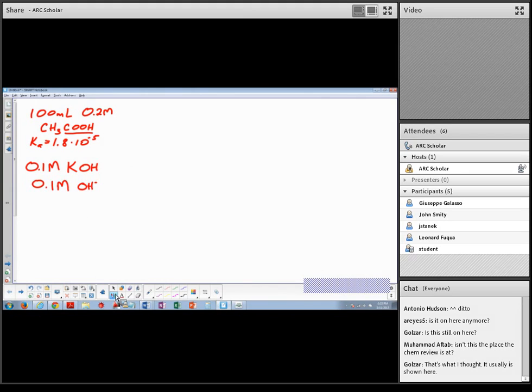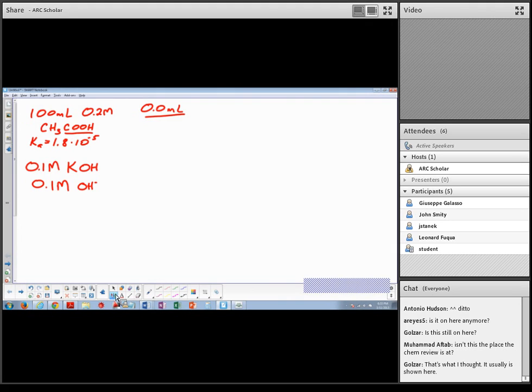Real quick, if we were to add in 0 milliliters of that potassium hydroxide, how are we going to calculate pH? We're just trying to calculate the pH of a weak acid here, right? So what do you have to do to calculate the pH of a weak acid?